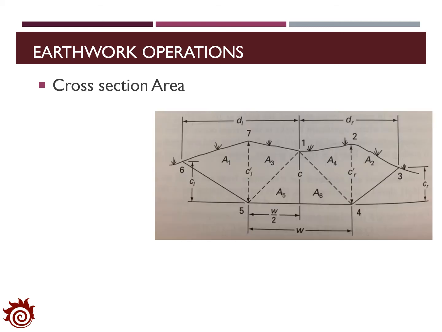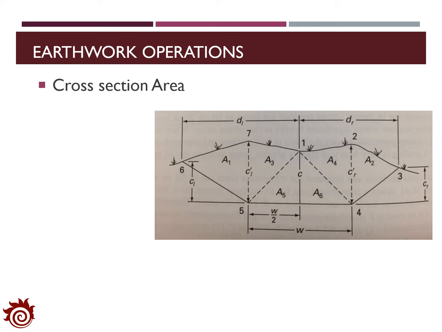Sometimes the surface of the natural ground is irregular, and it could also be above the designed pavement surface. In that sense, we also need to estimate the area of the cross-section so that we can estimate the volume of the soil that we have to remove from the field. The figure here shows one example of the cross-section with an irregular ground surface.